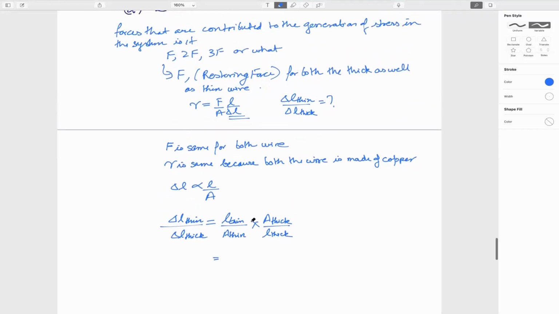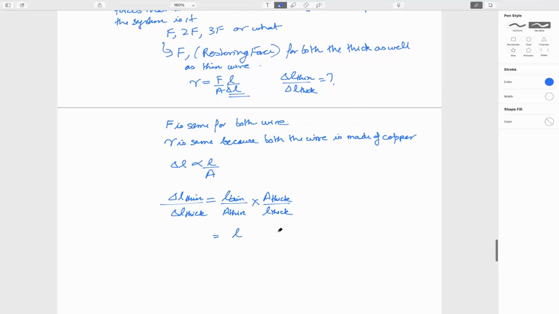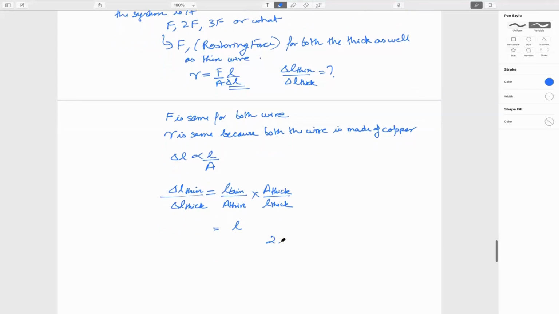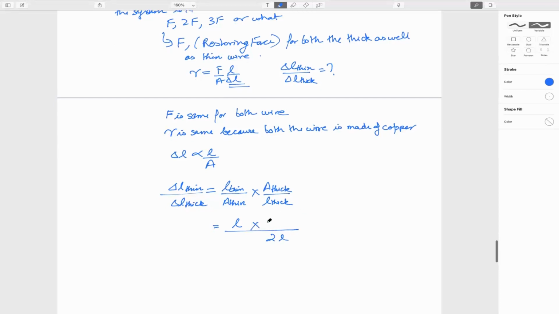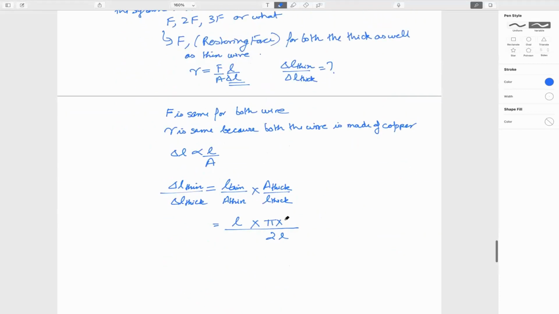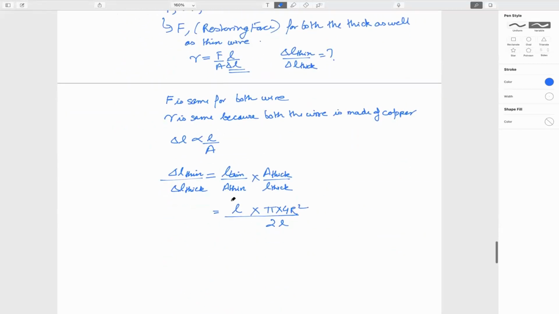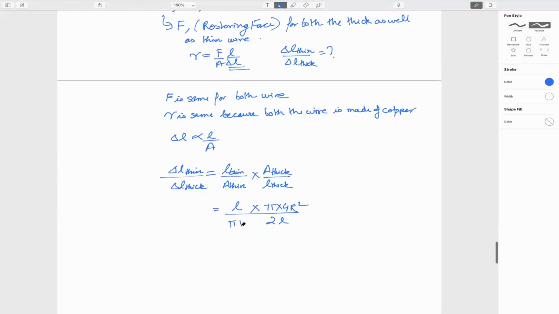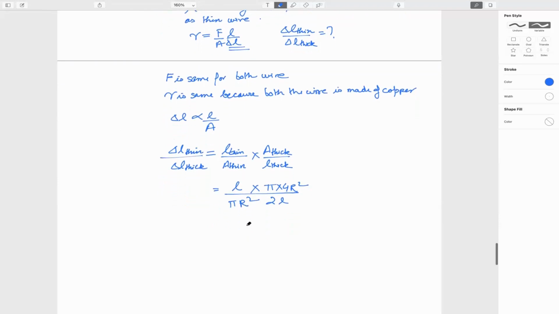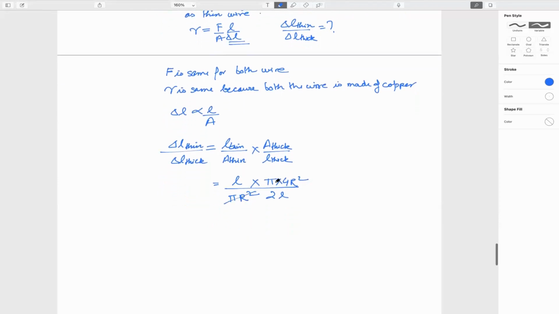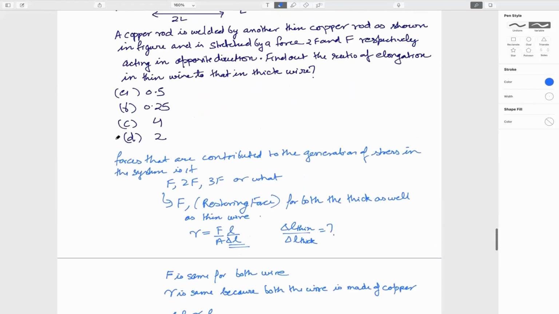L thin is L, L thick is 2L. Area of thick wire is pi into 2R whole squared, 4R square. Area of thin wire is pi R square. So this will go, this will go, L will go. It comes out to be 2. So the correct option is 2.